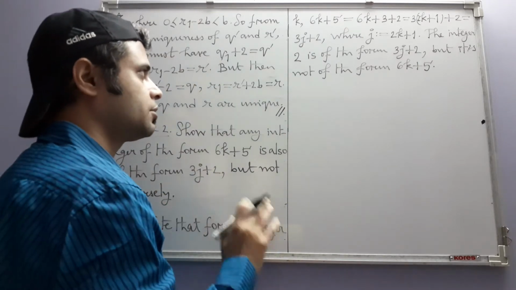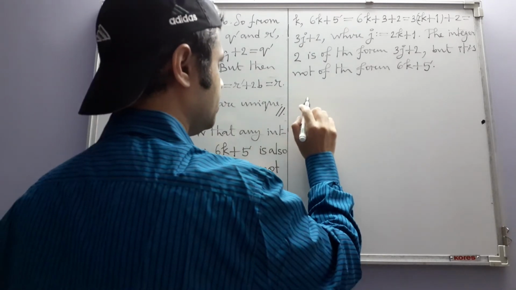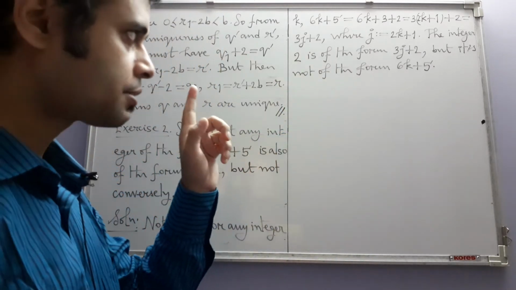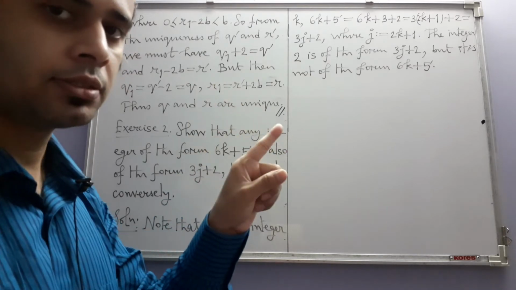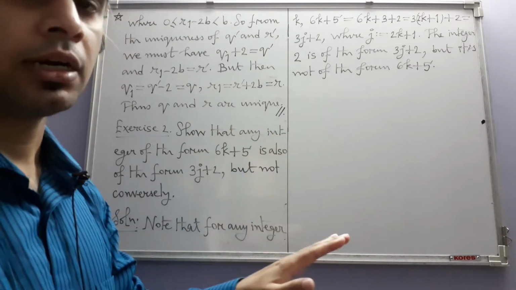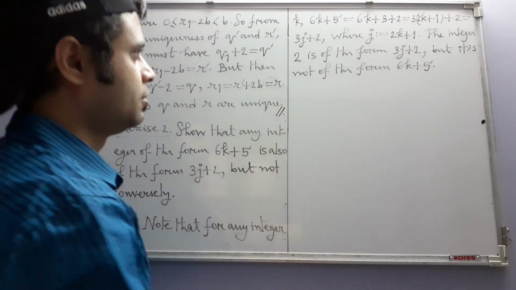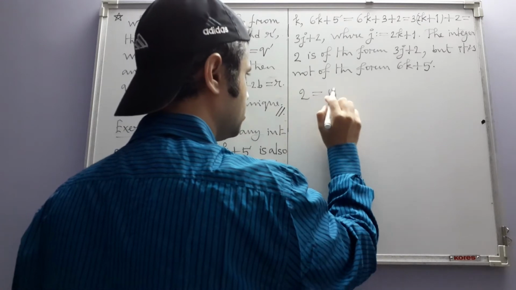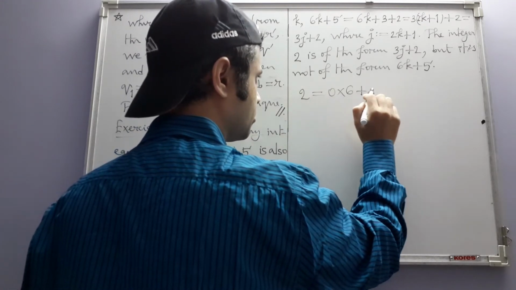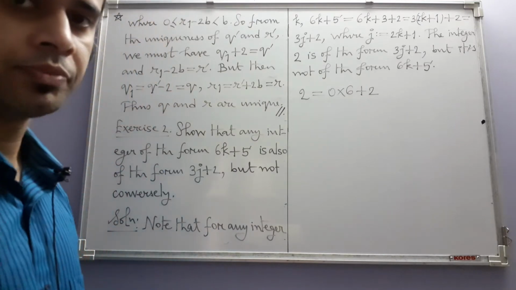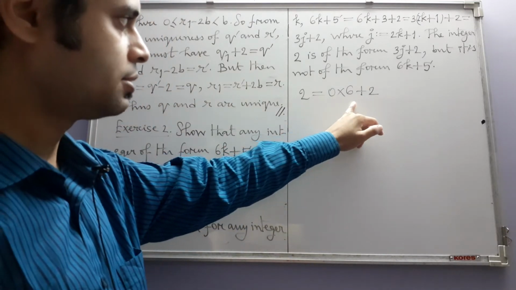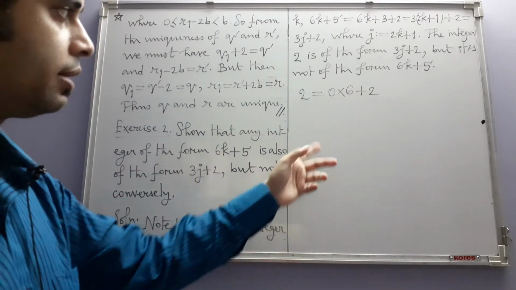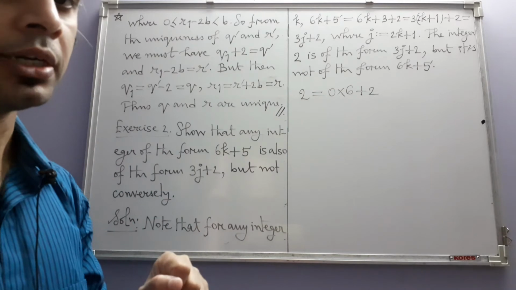The justification for that is that if 2 is of the form 6k plus 5, that just means that when one divides 2 by 6, the remainder is 5. But we also know at the same time that 2 is of the form 6k plus 2, because when we divide 2 by 6, the remainder is 2, and uniqueness of the remainder proves that both of them cannot be simultaneously true.